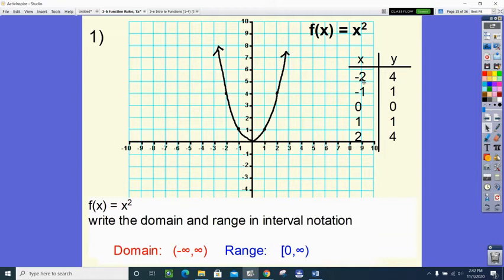Can we put in 1 million? So if you'll notice, all the inputs can go in. There's nobody that's not allowed. So for instance, we wouldn't want to put a negative under a square root. We wouldn't want to divide by a 0. But in the case of x squared, every number can go in. So the domain, the set of all inputs, is everybody, from -infinity all the way to infinity.